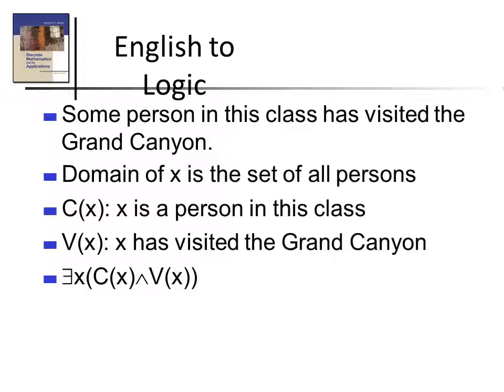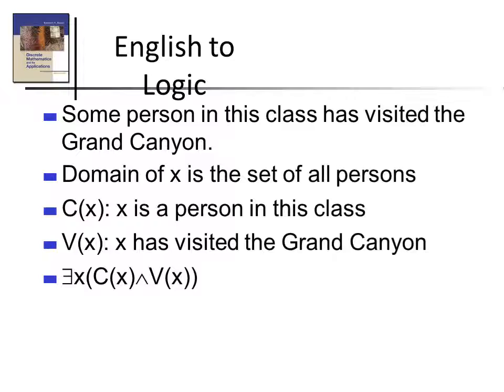We have to convert this English statement to logic. The domain is the set of all persons, and we make two predicates: first C of x, x is a person in this class, and V of x, x has visited the Grand Canyon. Here, there is some person, not all. When we say all persons in this class, we use the quantifier for all x.